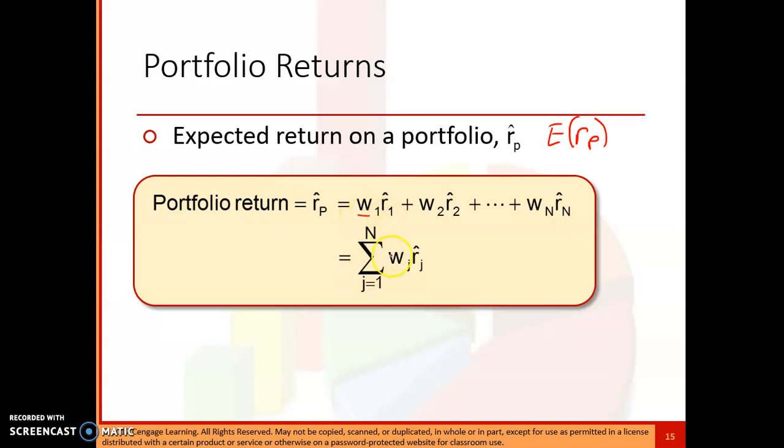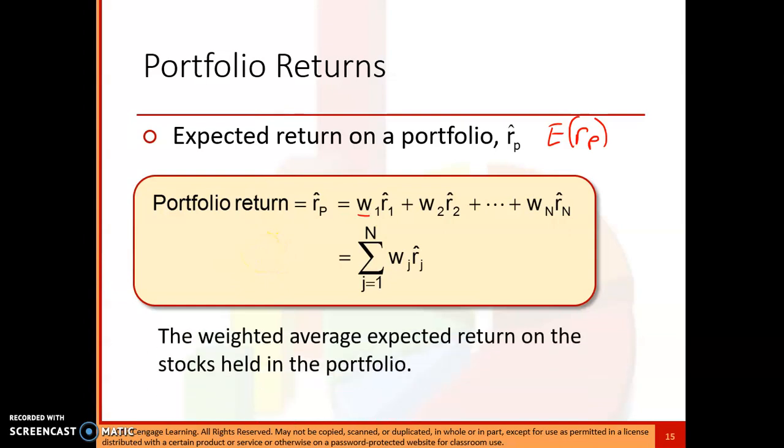We take the weight multiplied by the expected return of each of the individual assets. We sum them up, and that gives us the expected return on the portfolio. So weighted average expected return gives us that value for all the stocks held in a portfolio.